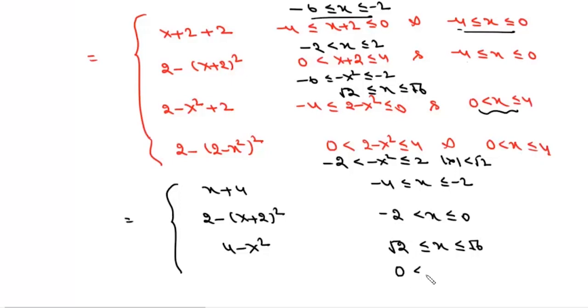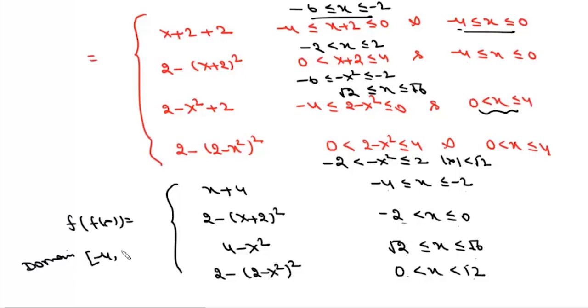So when x lies between 0 and root 2, this definition will be 2 minus x square whole square. Now again, it goes from minus 4 to minus 2, minus 2 to 0, 0 to root 2, and root 2 to root 6. So for this, the domain of f of f(x) is from minus 4 to root 6.